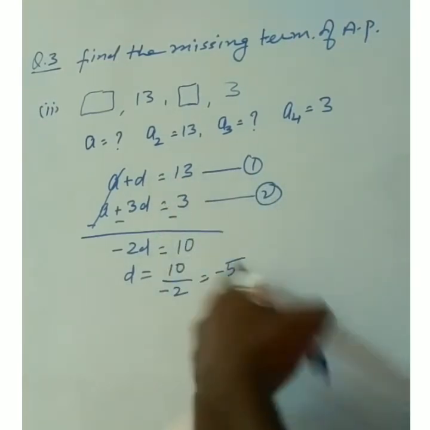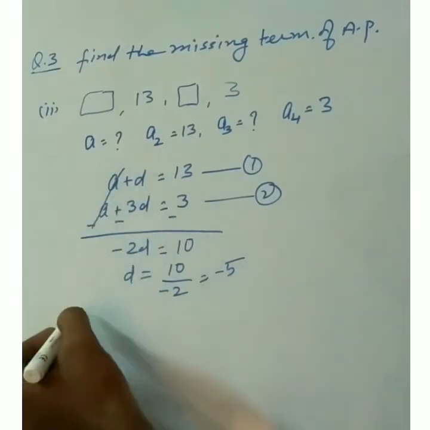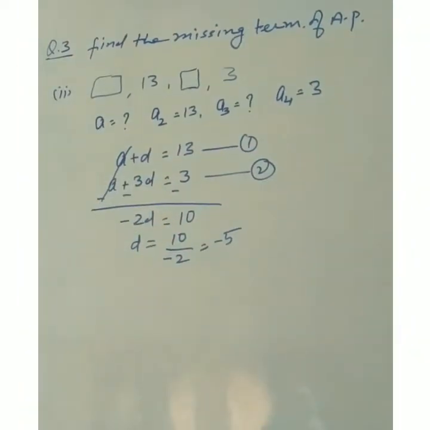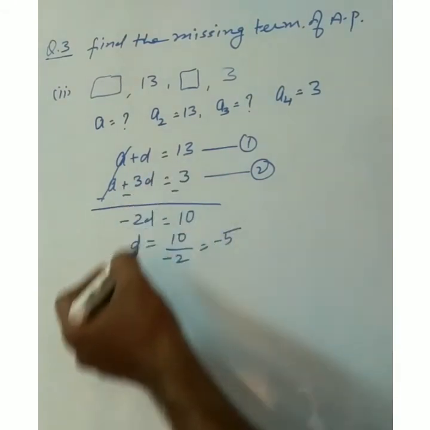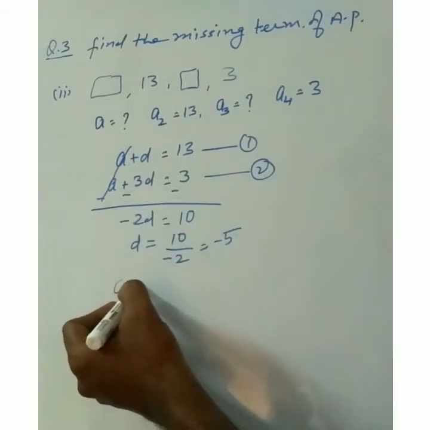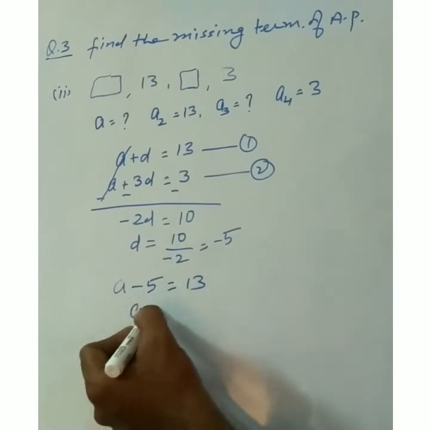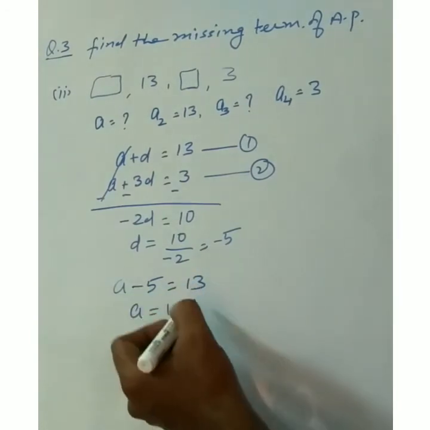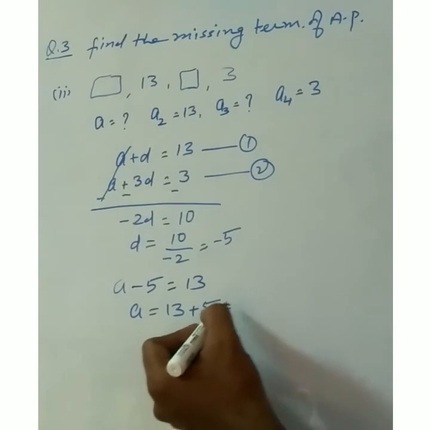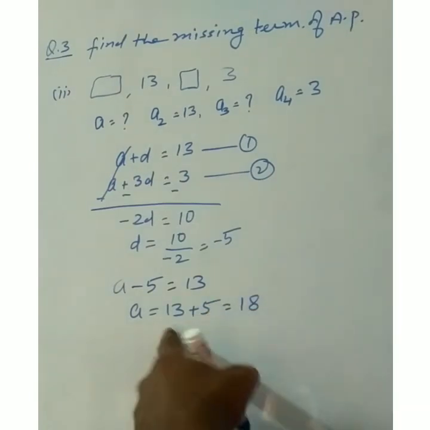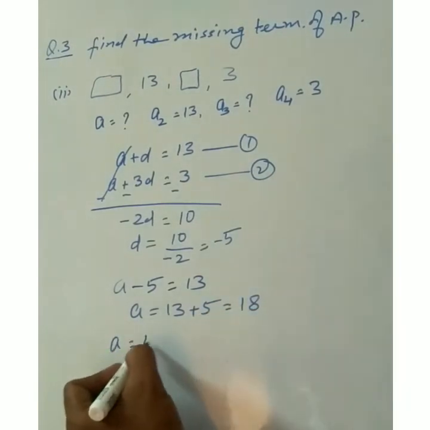D is minus 5. Put this value of d in the first. So a minus 5 equal to 13. A equals 13, shift 5, it is 18. So the first term is 18.